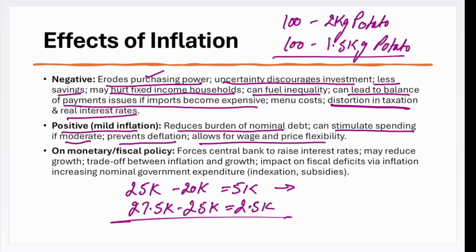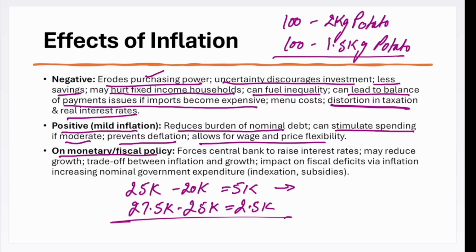Slight inflation is always desirable, because if there is no inflation, there is no incentive to work. If there is no rise in prices, there is no incentive for people to work. If prices are falling, why would you produce more goods? If you produce more goods and prices are falling, fewer people will be buying.